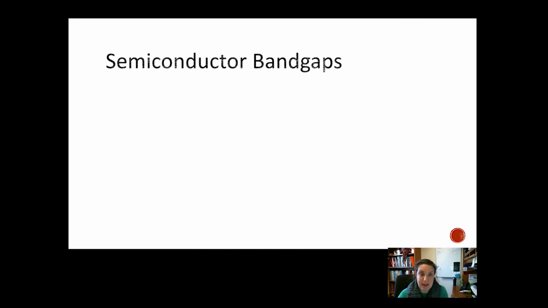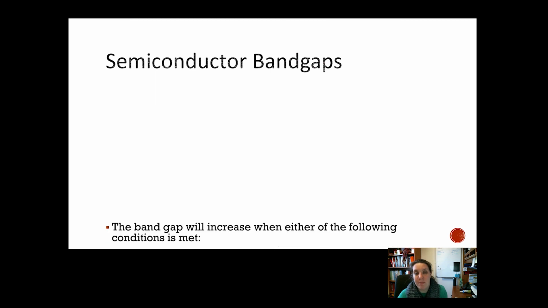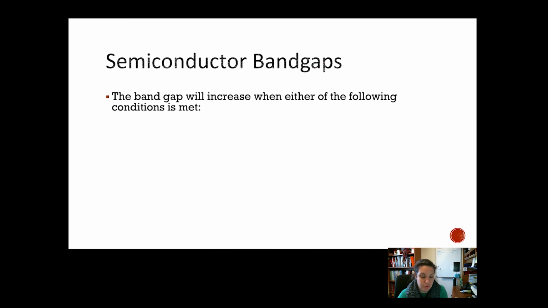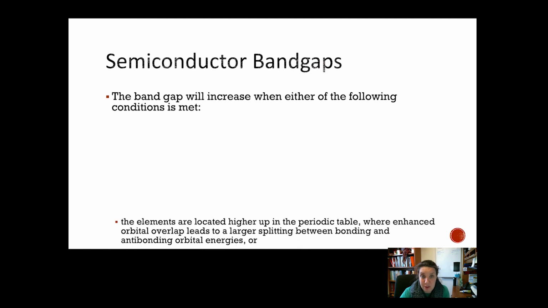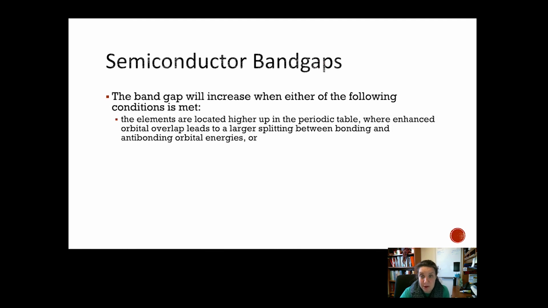When we're looking at the band gaps themselves, we generally think about what will cause the band gap to increase, and it's usually when we have elements that are higher up on the periodic table. If we have one or two things that are higher up on the periodic table, all of those orbitals are going to overlap more, and that's going to cause a greater splitting between our bonding and anti-bonding orbitals.